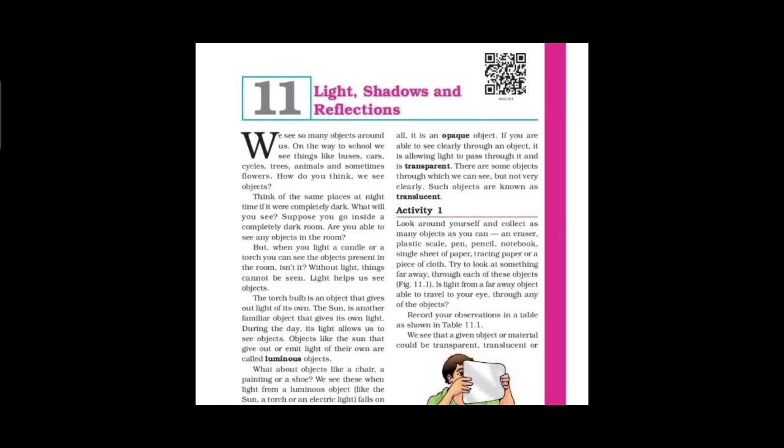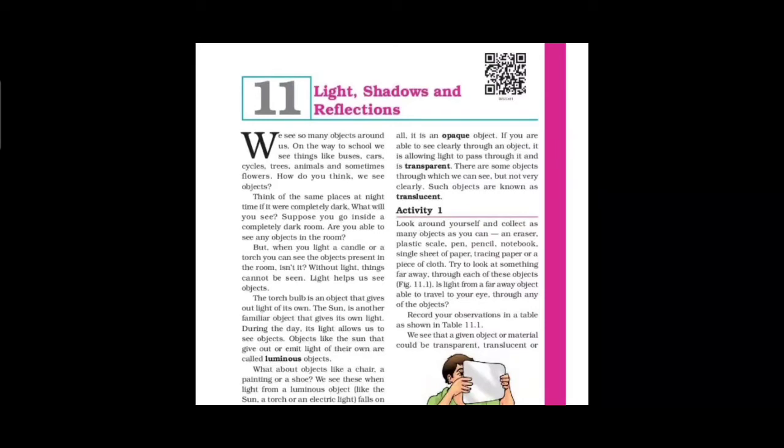If the object is clear, while seeing the other end of the object, it is called a transparent object, like glass. If you place a glass between your eyes and an object, the object is easily visible to our eyes because it is a transparent object.